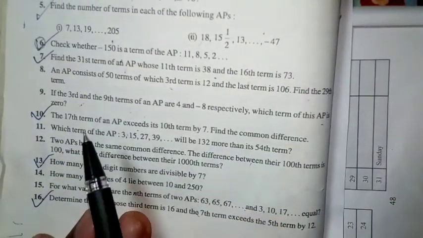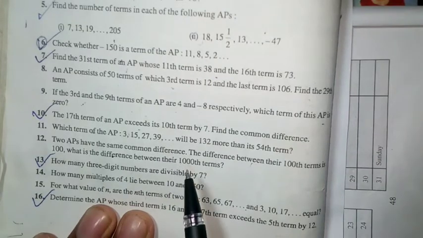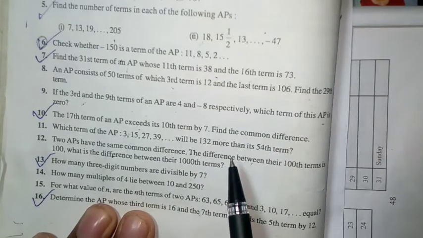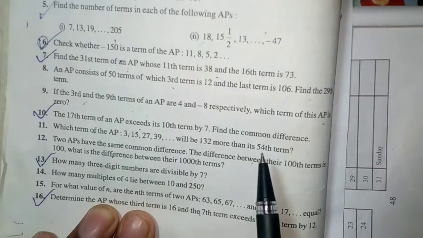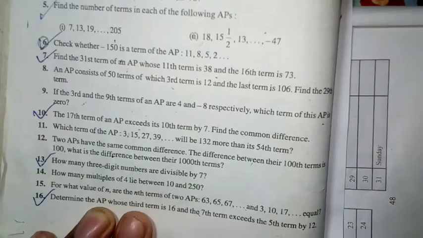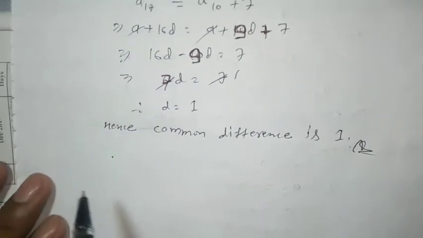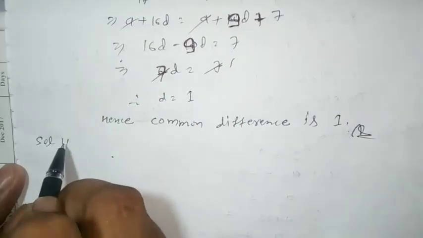Which term of the AP 3, 15, 27, 39, and so on will be 132 more than its 54th term? Now solution 11.